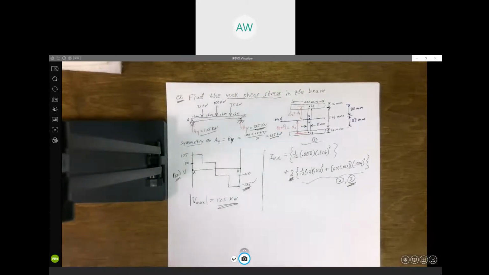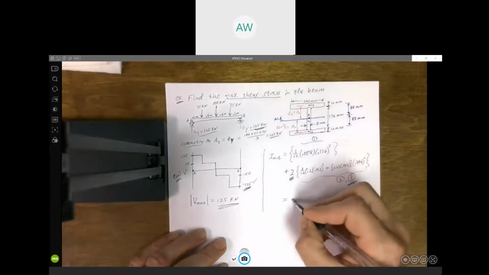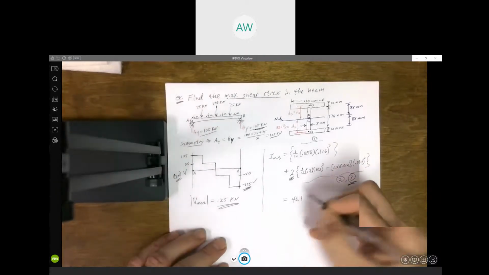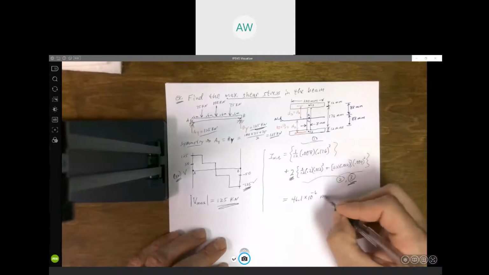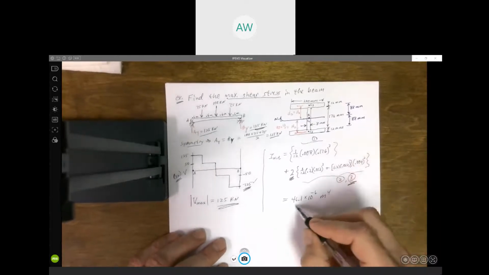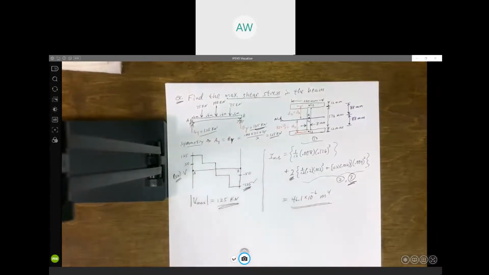And now we just crunch the numbers, add all that up. I got 46.1 times 10 to the negative 6 meters to the 4th. All right, any question about the moment of inertia?